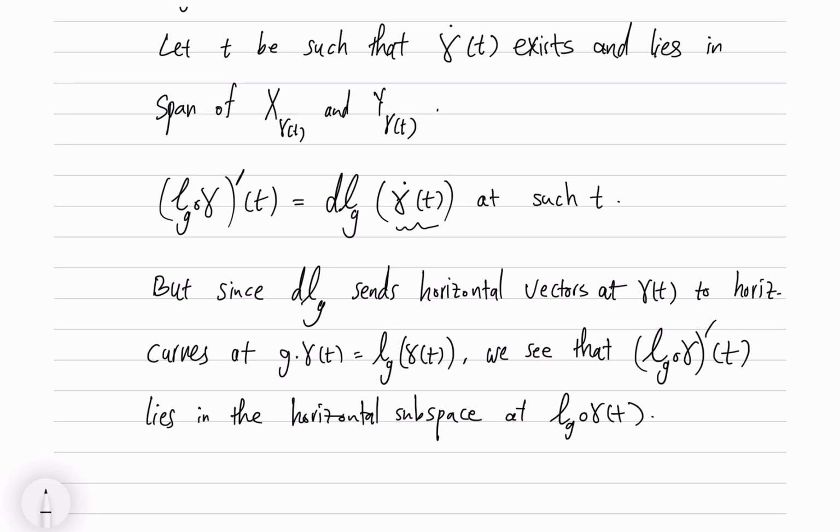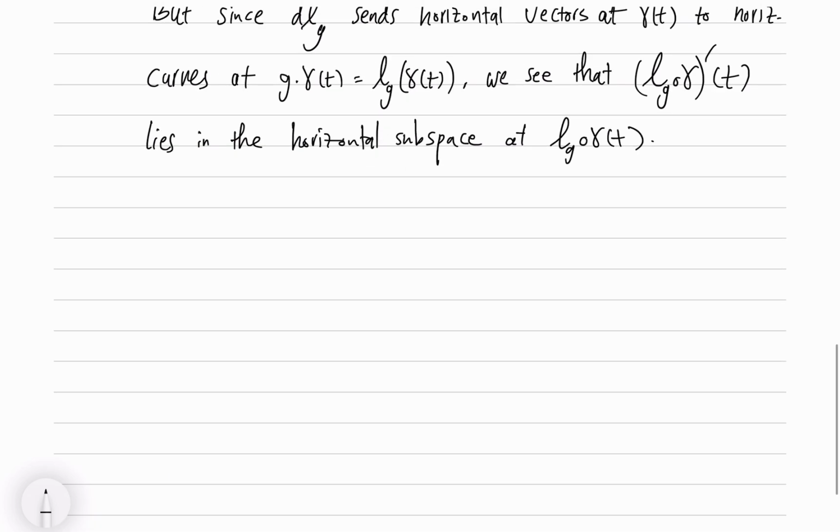So at almost every t we have these two conditions, therefore L_G composed with gamma is horizontal as well. Now for the second part, it's basically the same.